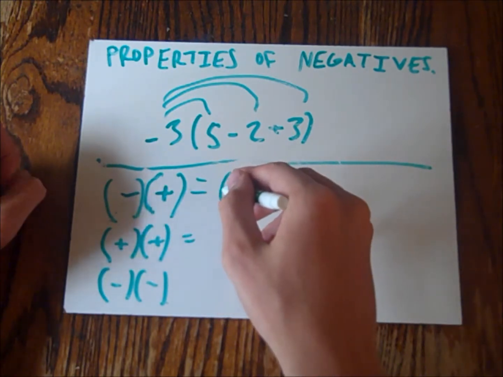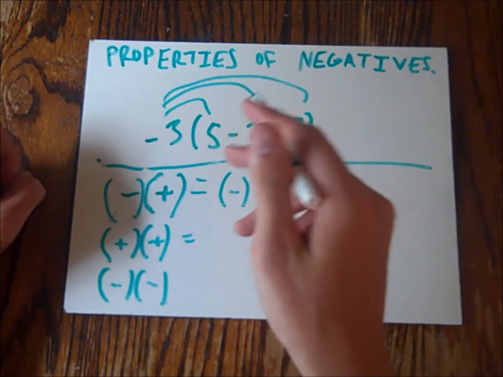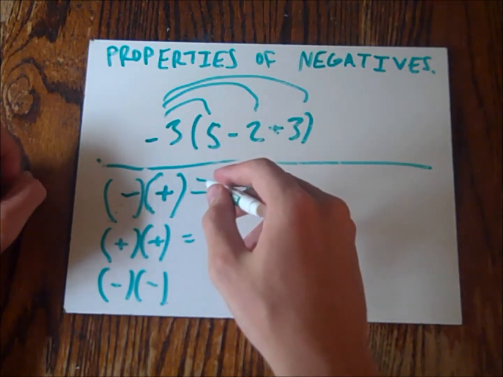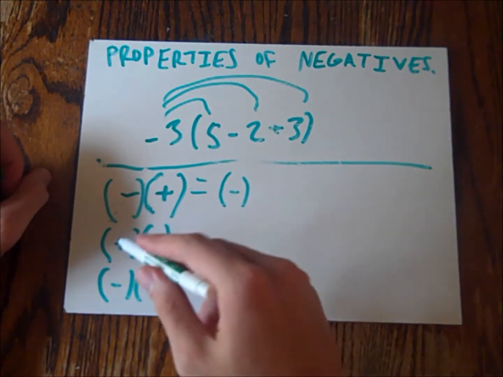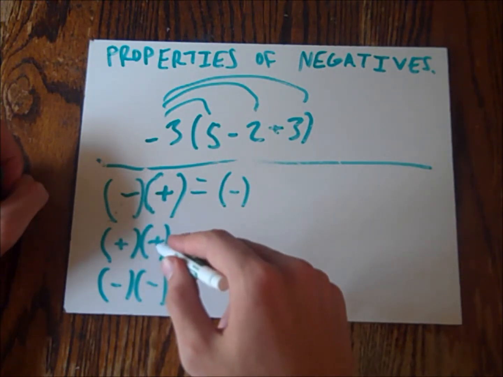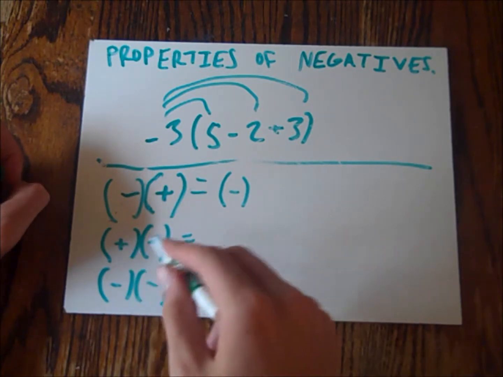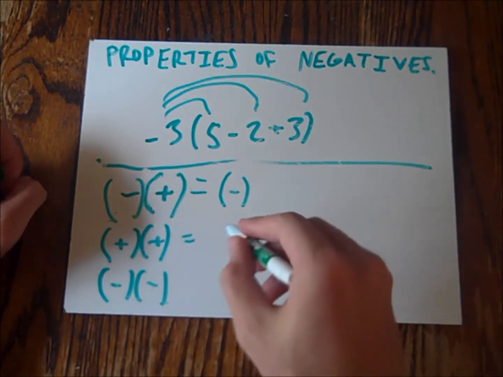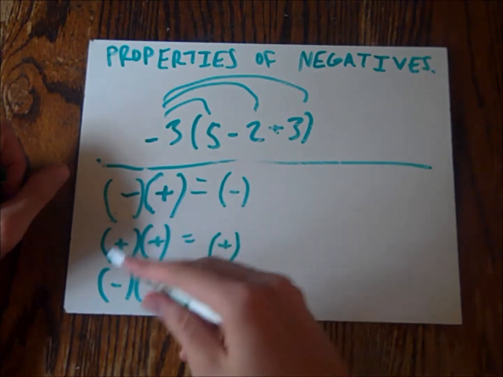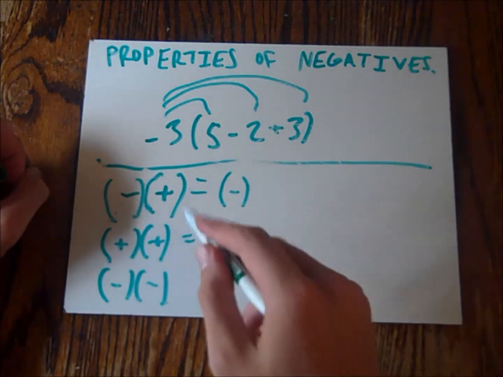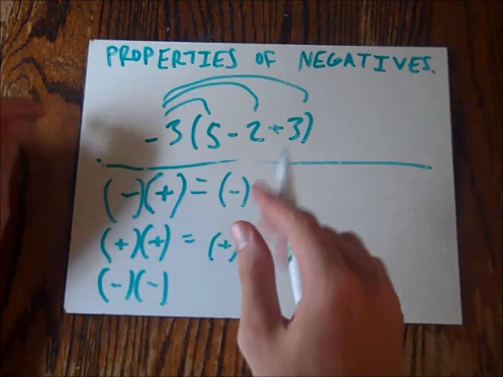I can put parentheses around that, and it looks better next to that equal sign. A positive number times a positive number will always equal a positive number. And 3 times 4 always equals 12, and never equals negative 12. It's just how it goes.